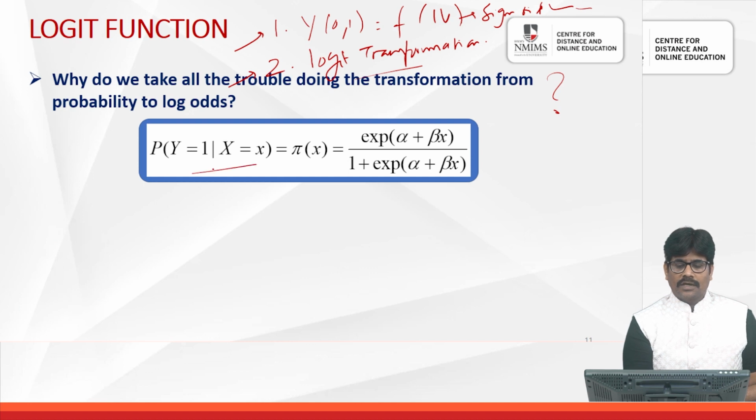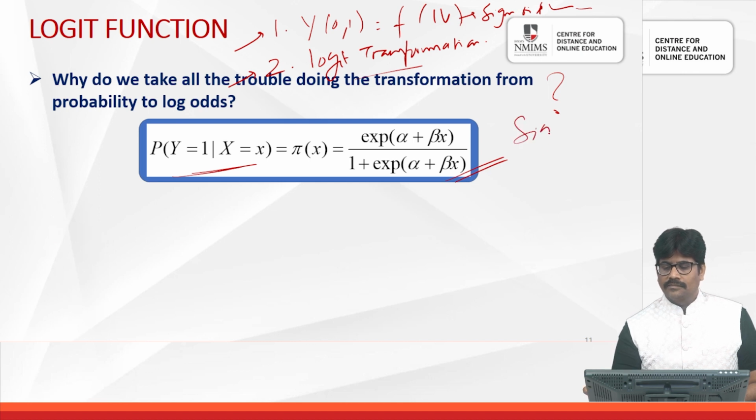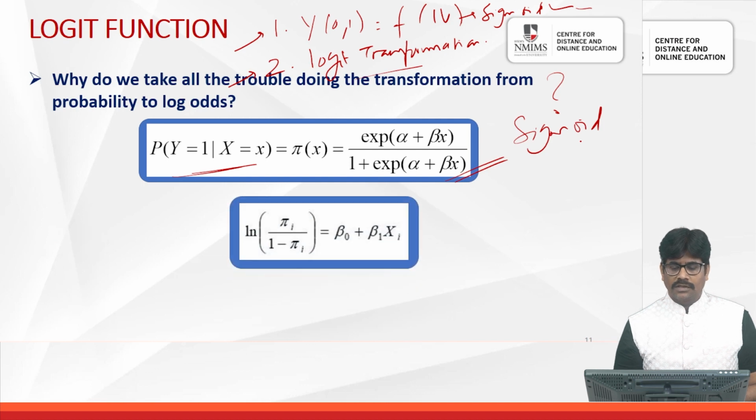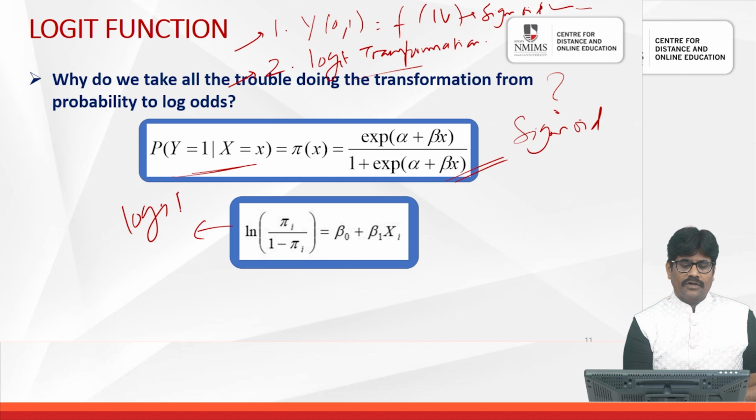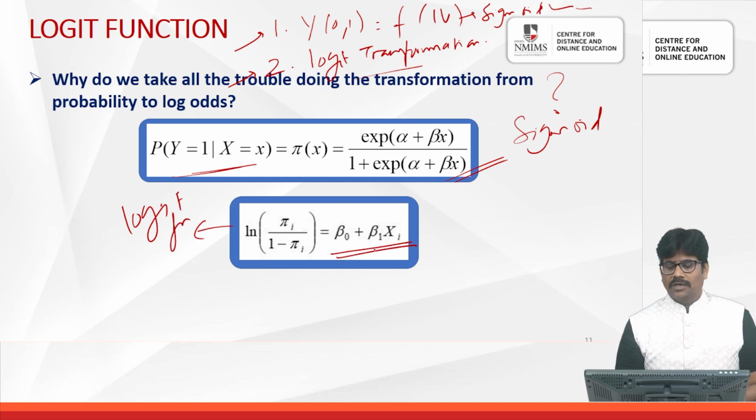This is the probability, and this is the LHS in terms of the sigmoid function. From this we have converted into this, that is ln of this, which is basically your logit function, and if you look at this, the RHS looks like a linear relationship.